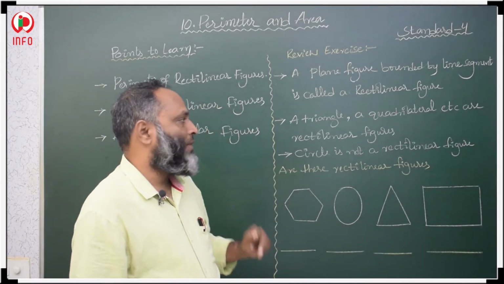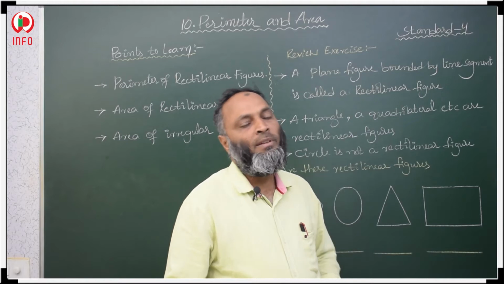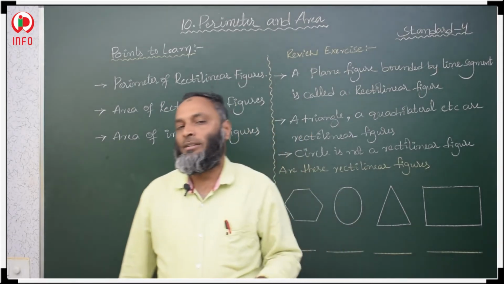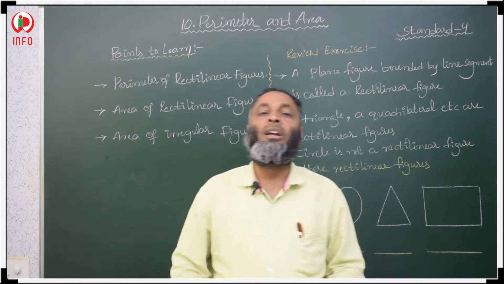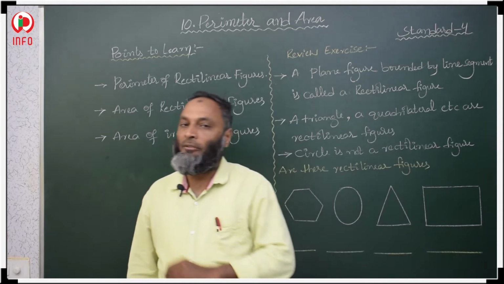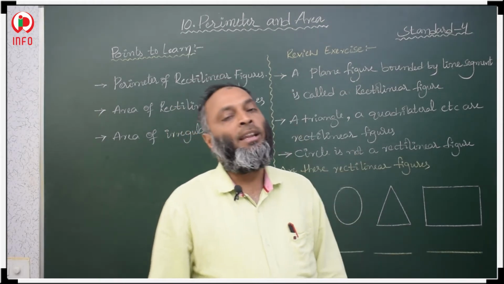If any geometrical closed figure is bounded with straight lines, then that is a rectilinear figure. Bounded with straight lines, not curved lines. If it is bounded with a curved line, then that is not a rectilinear figure.